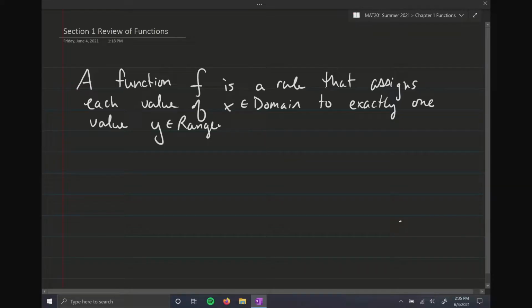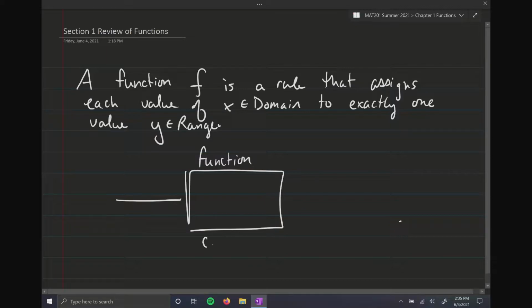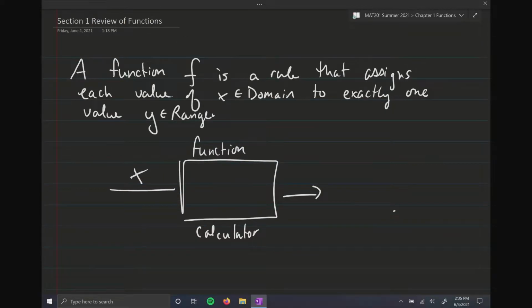All right. So in other words, for every x that you substitute into, let's call this a function calculator, we'll call this little function calculator. For every x value that you substitute into this calculator, you will get exactly one y value as an output.